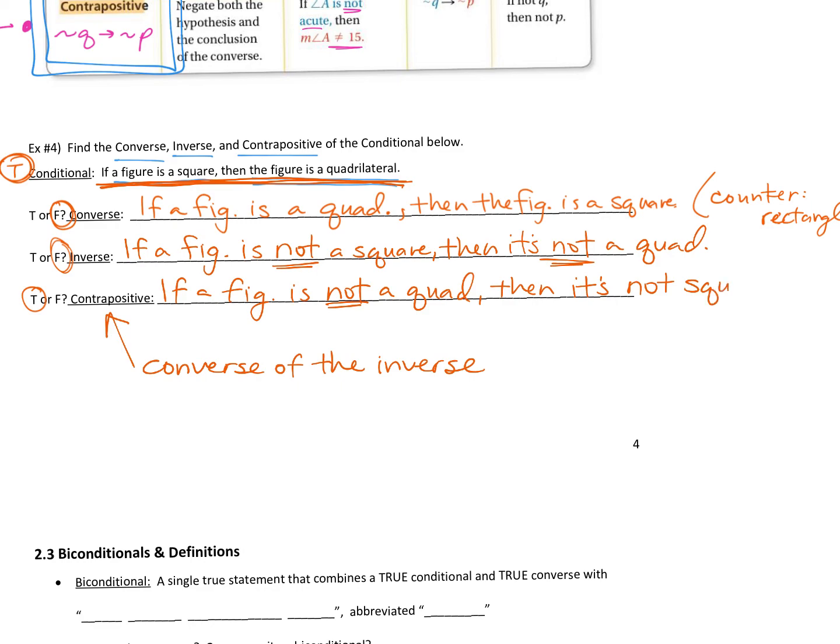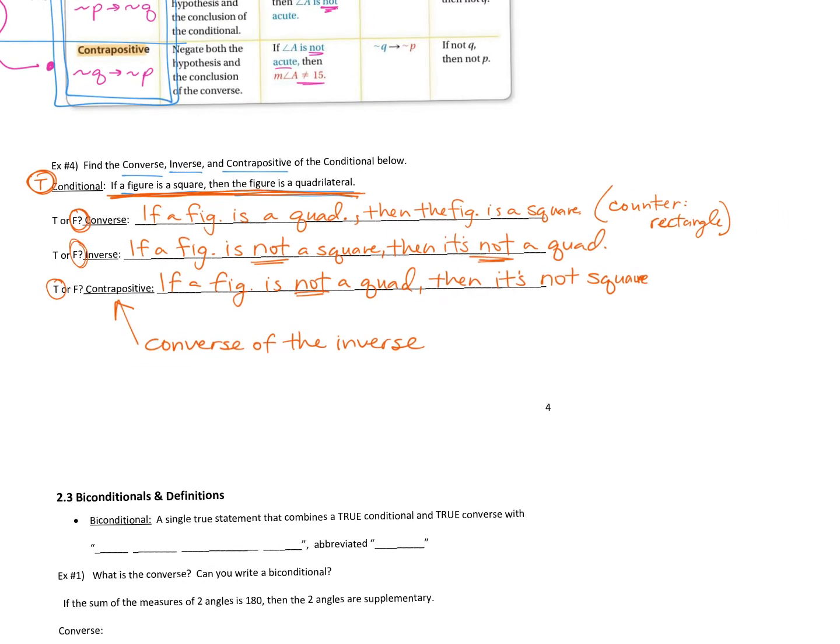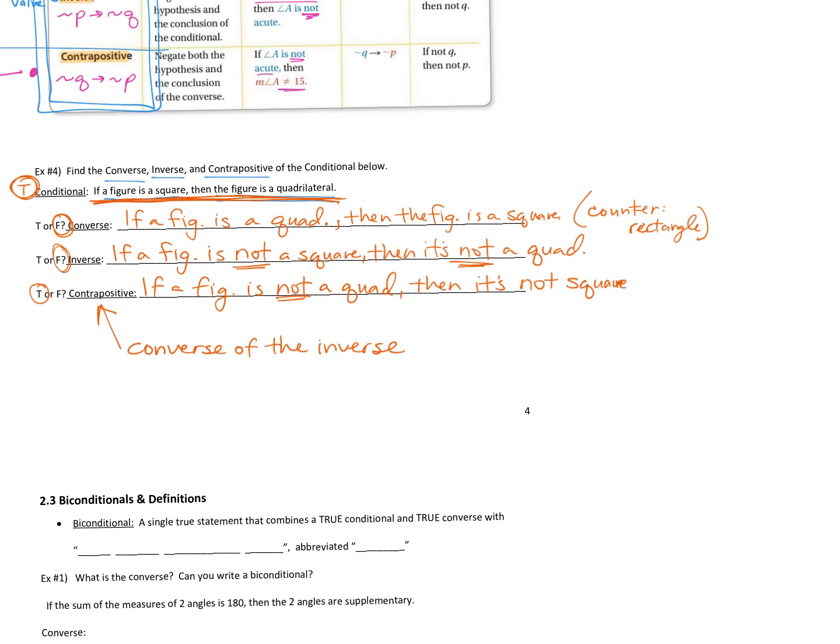Then it's not a square. And again, if it's false, you should be able to find a counterexample. So if a figure is not a square, then it's not a quadrilateral. Another counterexample here would be a rectangle, right? You can use the same counterexample for both of those.